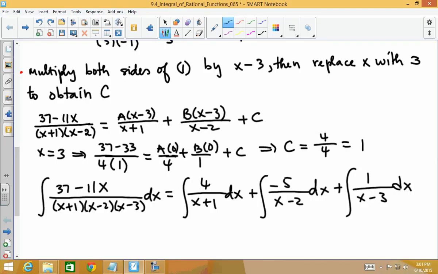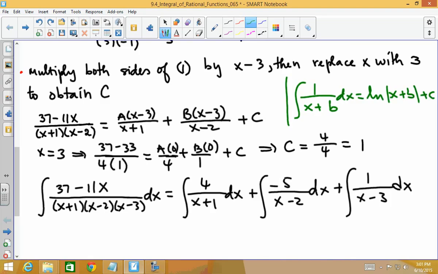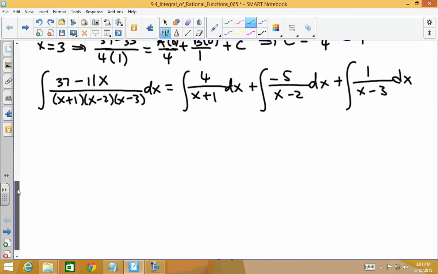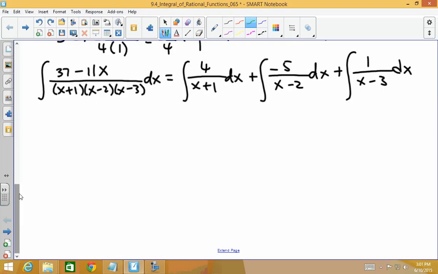Now remember, when you integrate 1 over x plus b dx, it is always ln of the absolute value of x plus b plus a constant. If you do a change of variable, u equals x plus b, then you get the integral of 1 over u du, which is ln of the absolute value of u plus a constant.